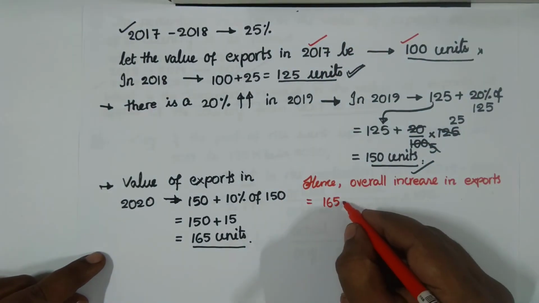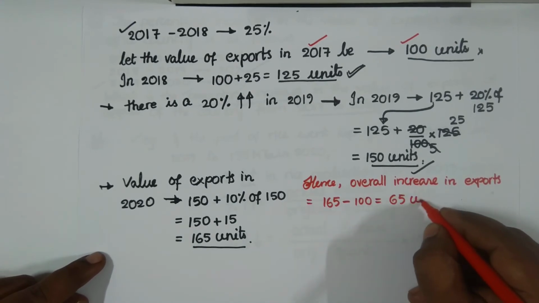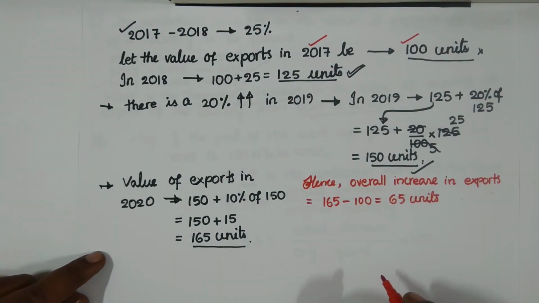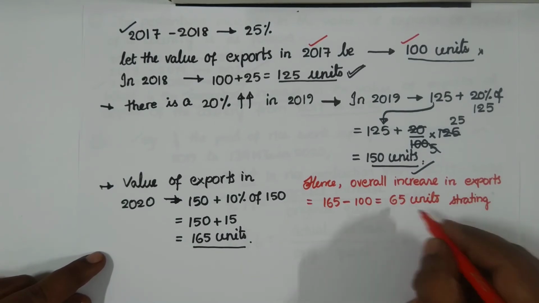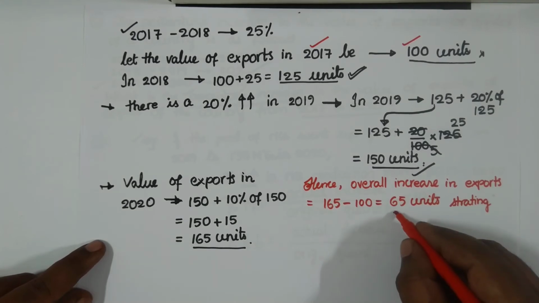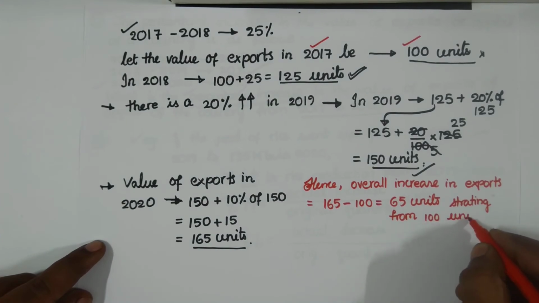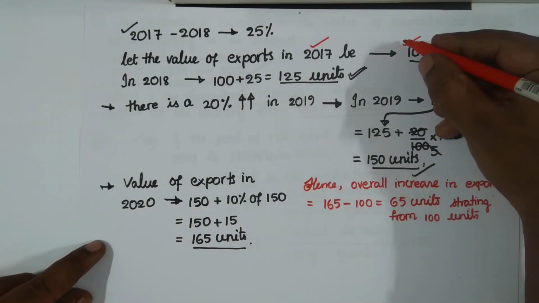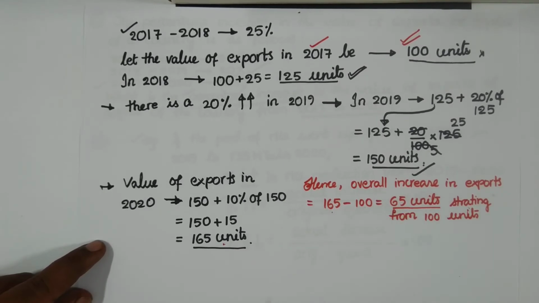So 165 minus 100 equals 65 units. Starting from 100 units in 2017, the starting point, we have reached 165 units.